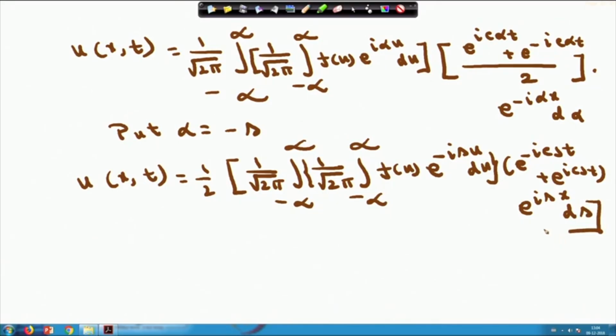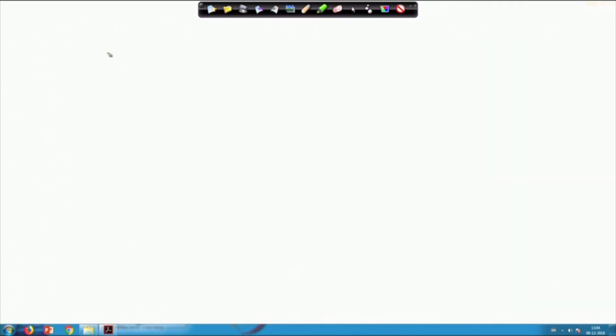Once I am getting this, now from here I can write two terms, and these two terms let me write in the next page, because the terms will be bigger.